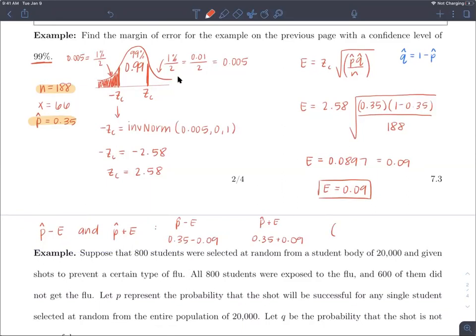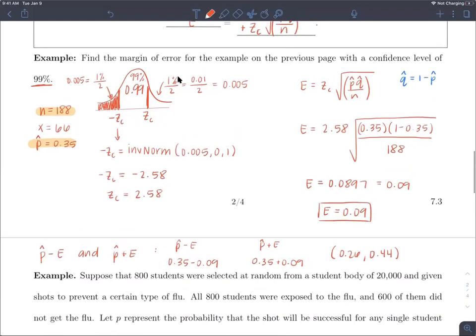So the confidence interval that we would be getting here is 0.26 to 0.44. So that would be the confidence interval. Are there any questions about just margin of error or critical values or anything like that?